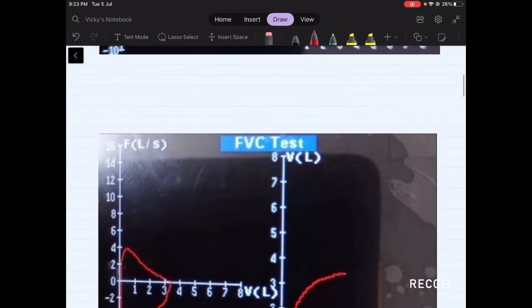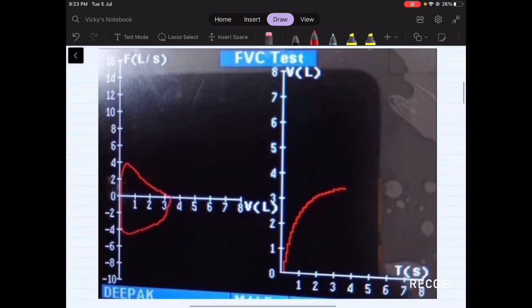Now what about this graph? Here also the loop is complete, so there is no coughing, no epiglottic closure, and peak expiratory flow rate is also more than 2 liter per second, right? Then coming to the volume time graph, you can see the post expiratory time is around 3.5 seconds.